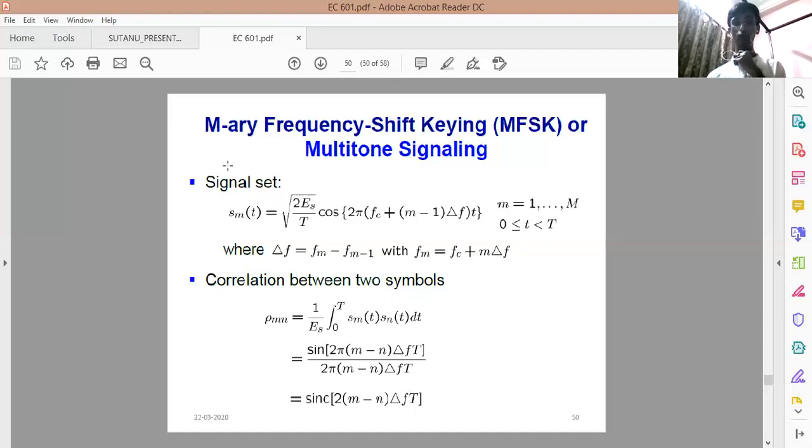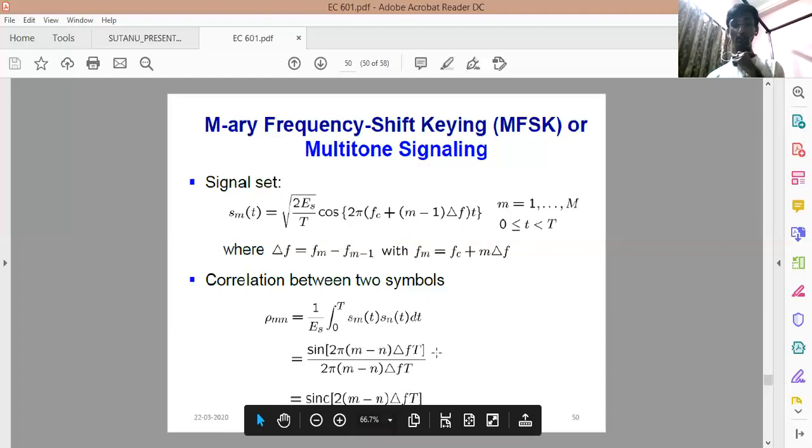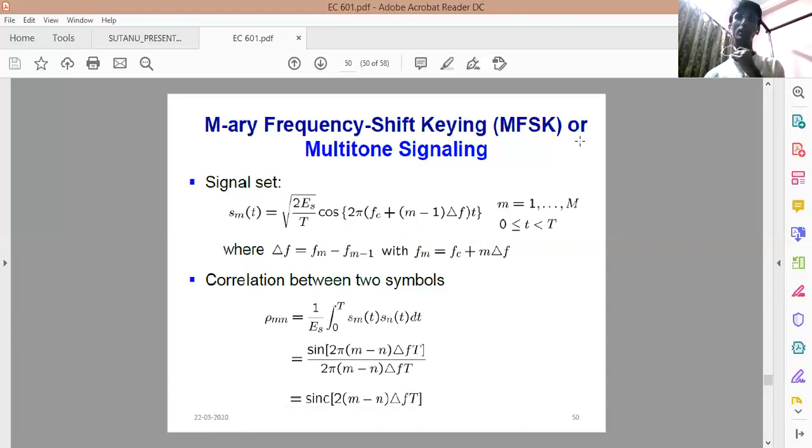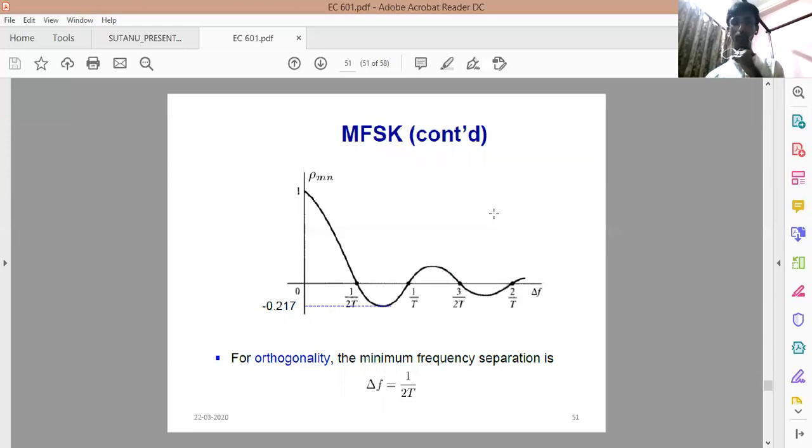MFSK is absolutely used for multi-tone signaling, and that may be computed using some correlation computation between two symbols. What is MFSK? Something like our MPSK, 8 PSK, 16 PSK. Already we have computed the power spectral density for PSK, ASK, FSK.